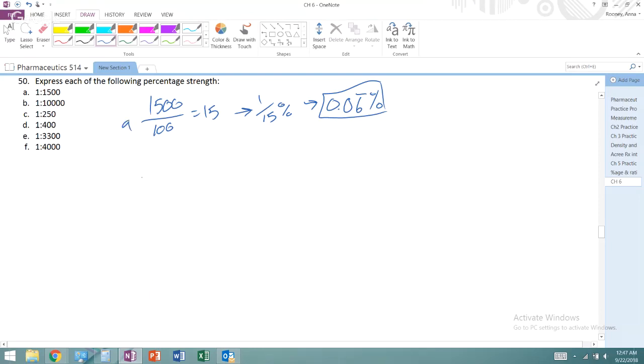Then you do that for all the other ones, which is 1 over 100%, which is 0.01%.